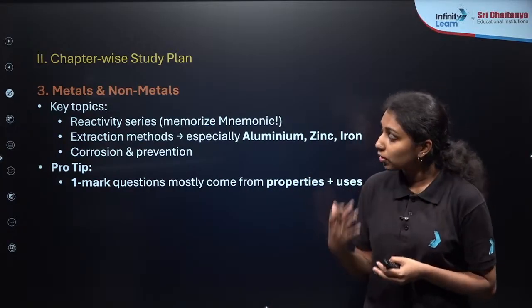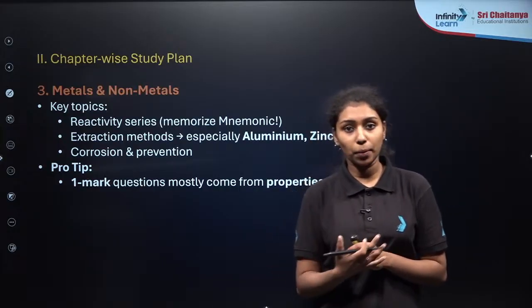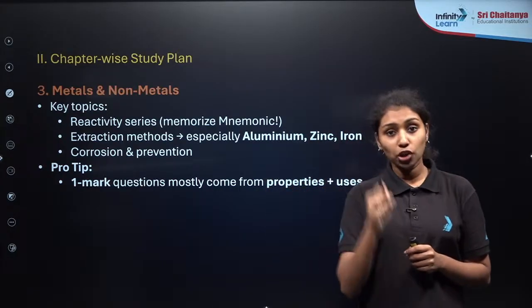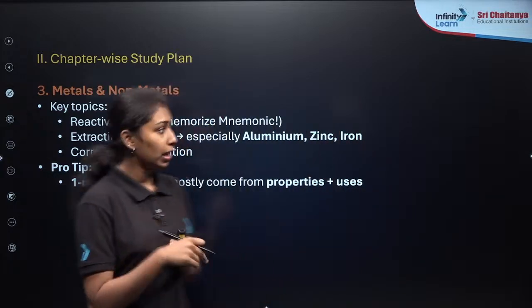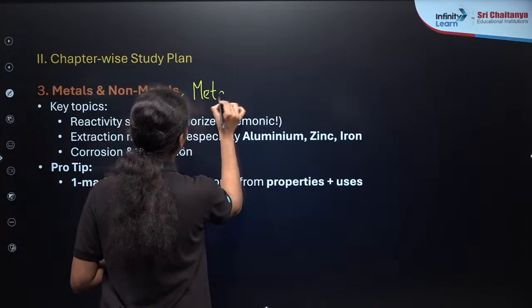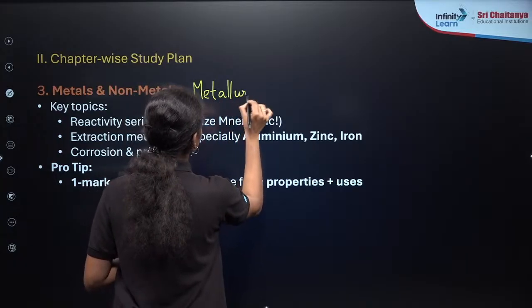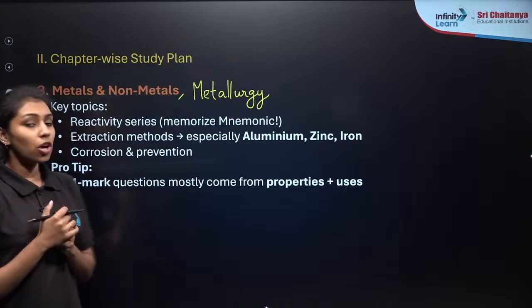We have already discussed the metals and their physical properties as well as chemical properties. Then we have already studied the non-metals, their physical properties as well as chemical properties. Then we have already included the metallurgy part, like the extraction of metals. So what are the key topics here?